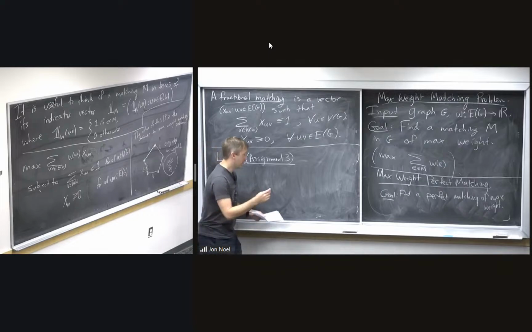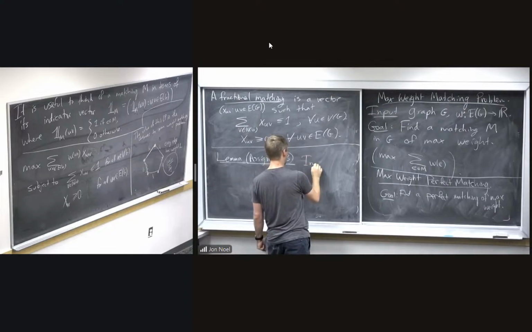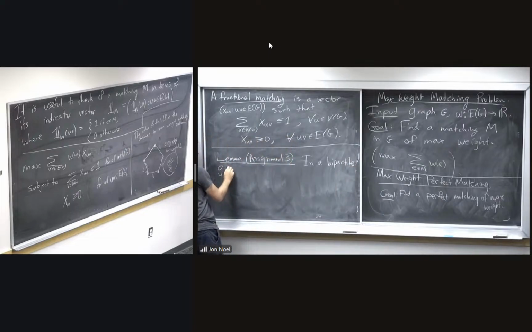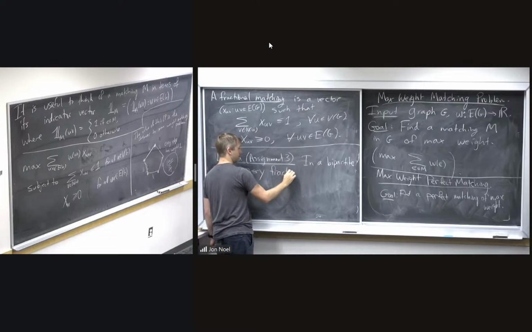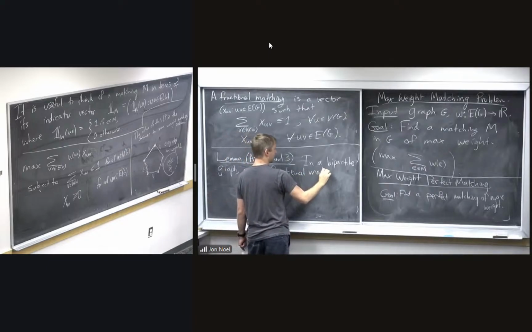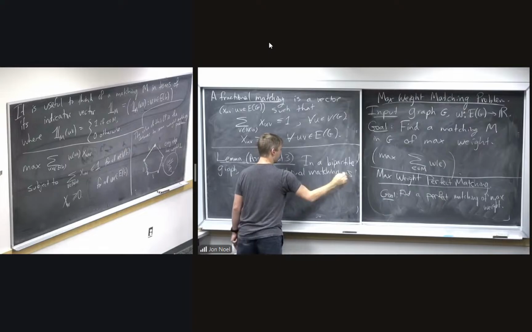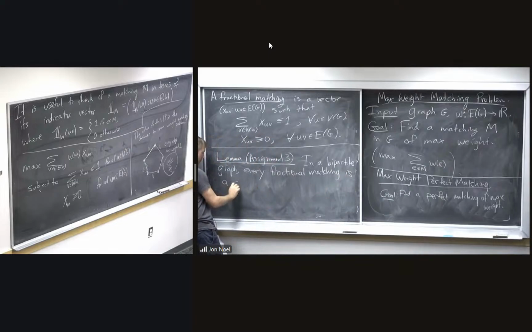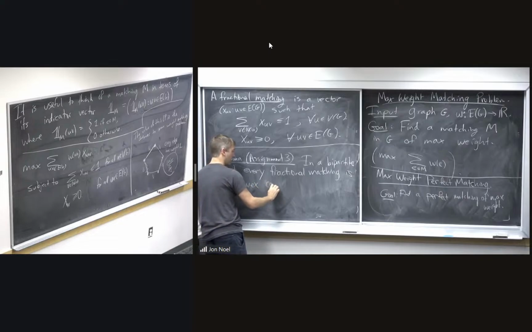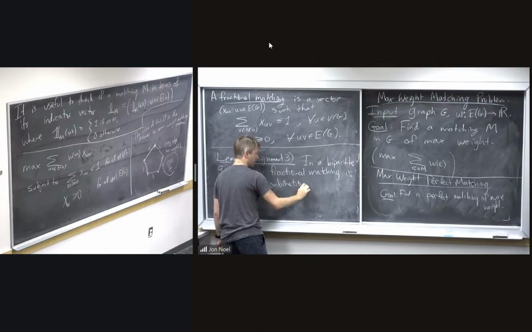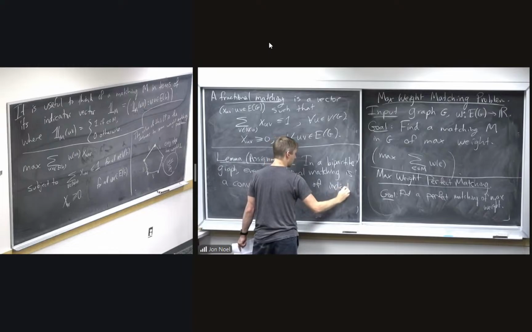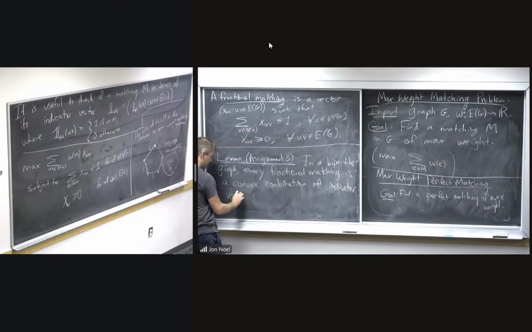So in a bipartite graph, every fractional matching is actually a convex combination of indicator functions, or indicator vectors, of matchings.